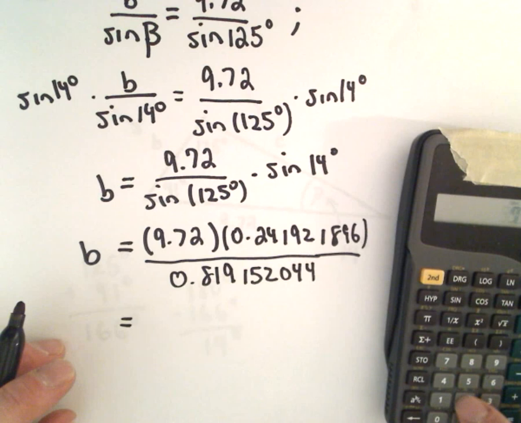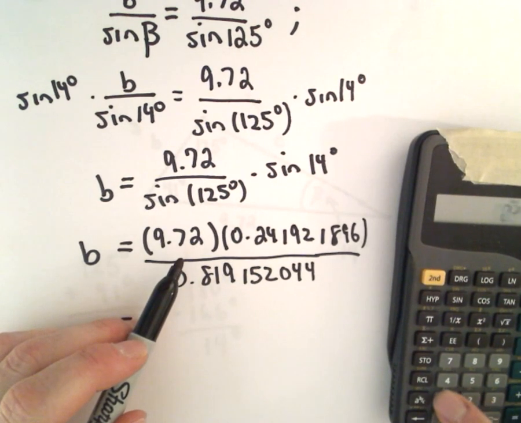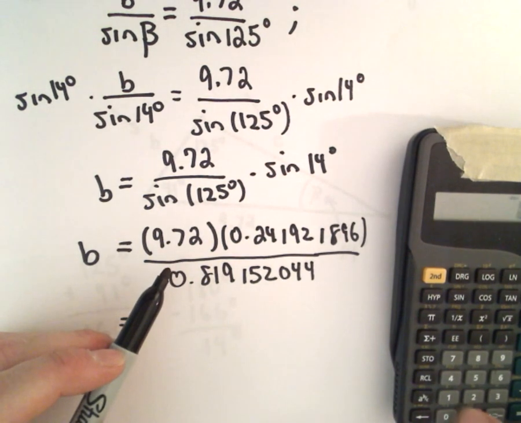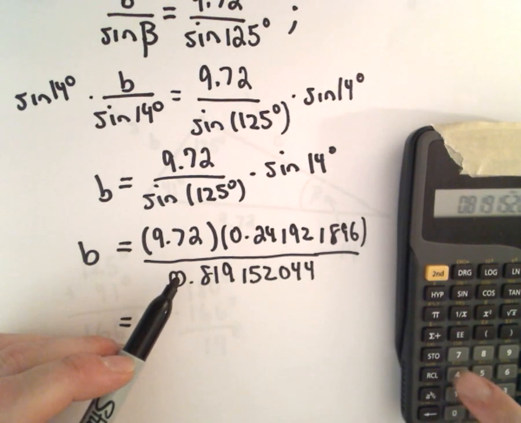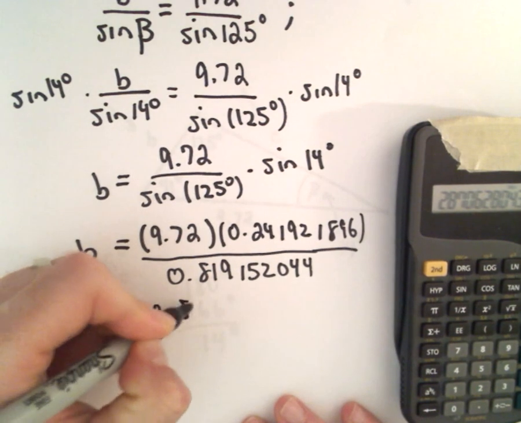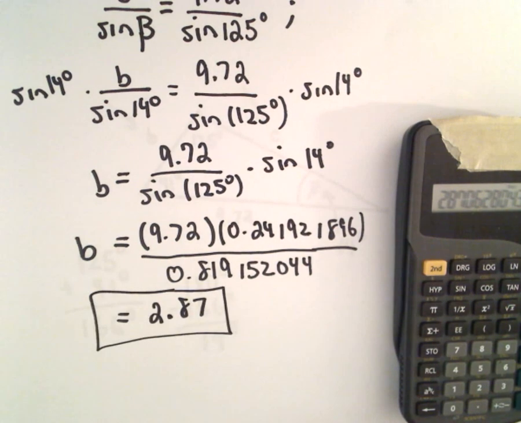Okay, so let's just do the multiplication. 9.72 times 0.241921896 divided by 0.819152044. I'm getting that to be 2.87 roughly, again after rounding to the nearest hundredth.